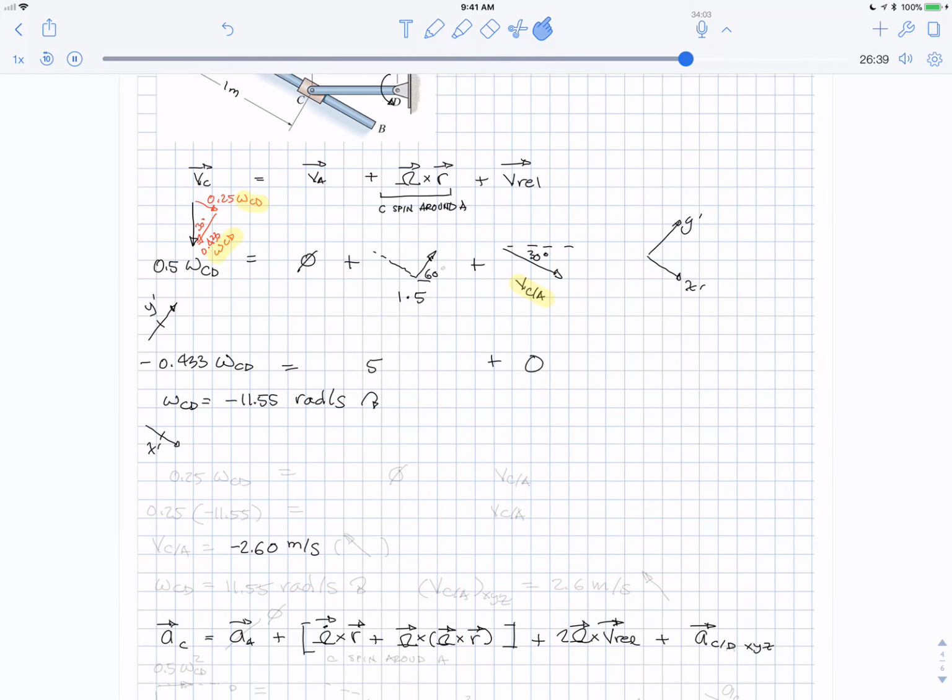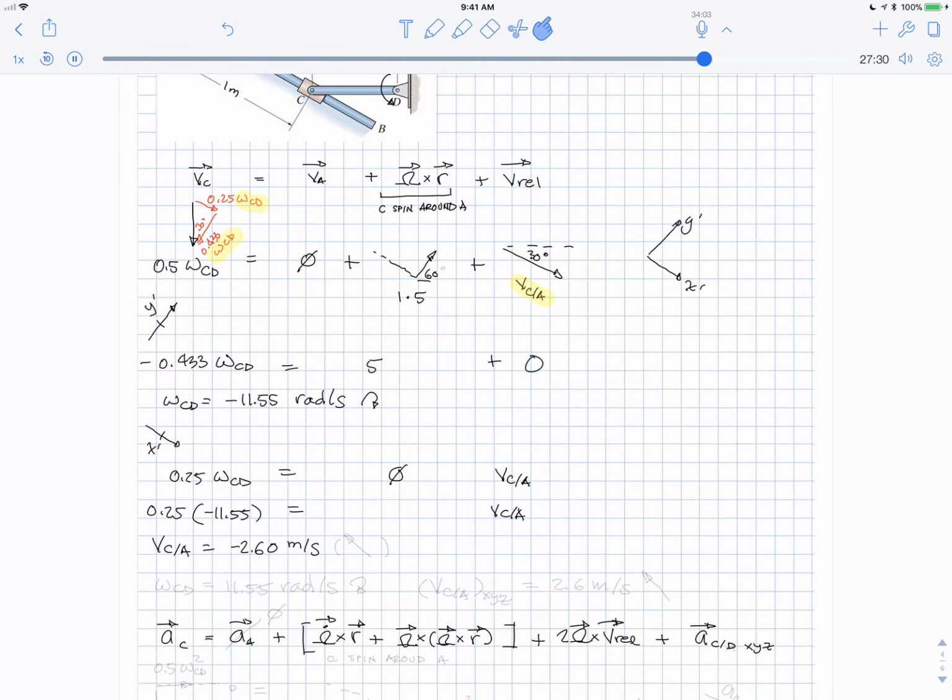I'm taking downhill as positive, so 0.25 omega CD, and I'm going to put in negative 11.55 for that, equals, so that 1 times 5 does not have a component in the X direction, and we get VC relative to A. Let me plug in the numbers: 0.25 times minus 11.55 equals V of C relative to A. And that gives V of C relative to A equals minus 2.60 meters per second.